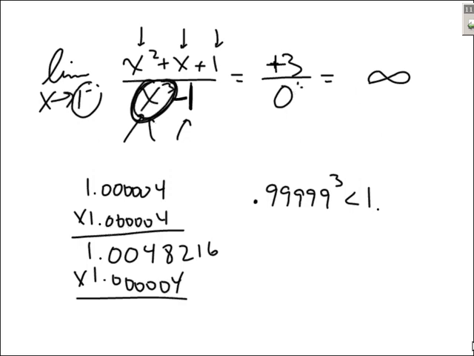You'll owe them. You took out more than you had. And a positive over a negative is negative. So sometimes you get negative infinity. You need to go over the fact that when you have a constant and you divide it by a very, very, very small number, that fraction is going to infinity. You need to convince yourself of that.